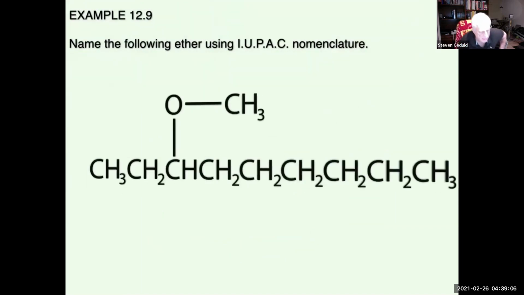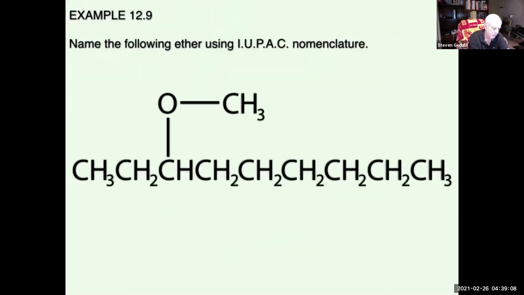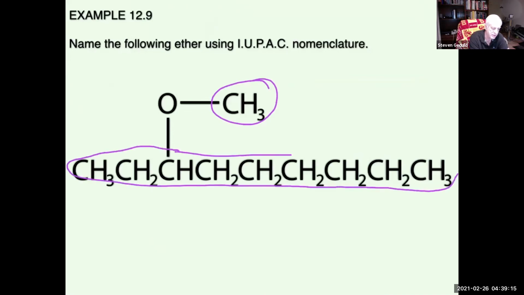Okay, name this guy. We have an attachment here and an attachment here. How many carbons is this? 1, 2, 3, 4, 5, 6, 7, 8, 9 carbons. This is 1 carbon, we all know that's methyl. 9 carbons is nonane, all single bonds. So how would you name this?